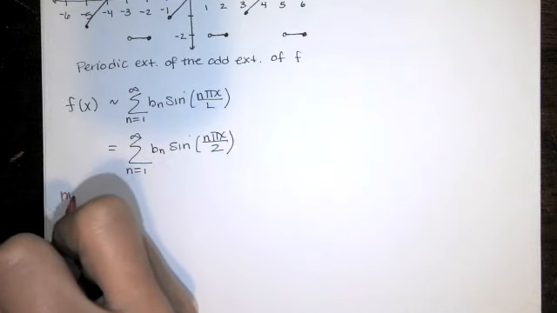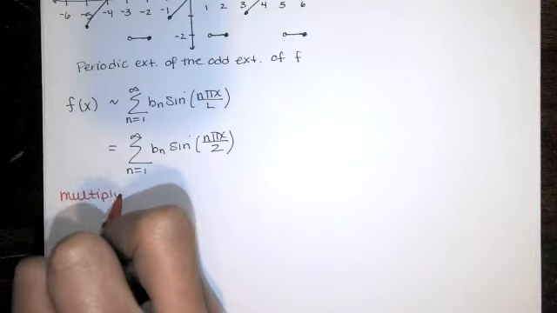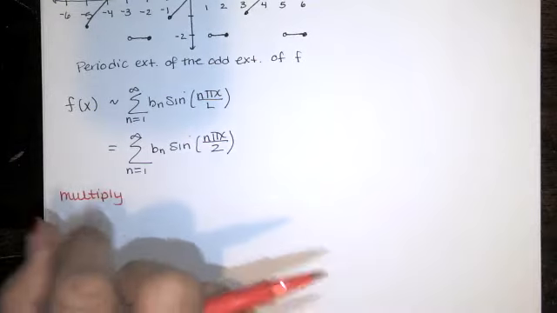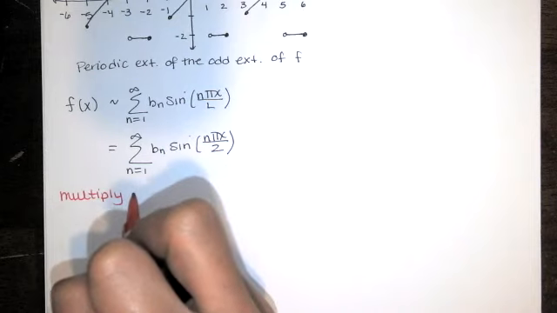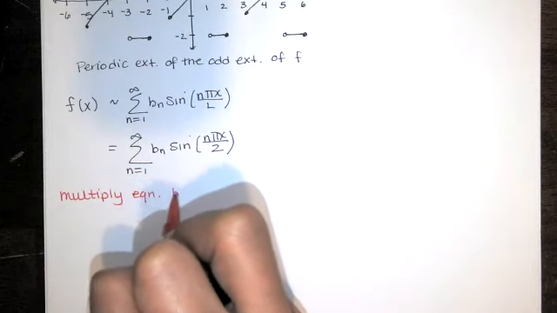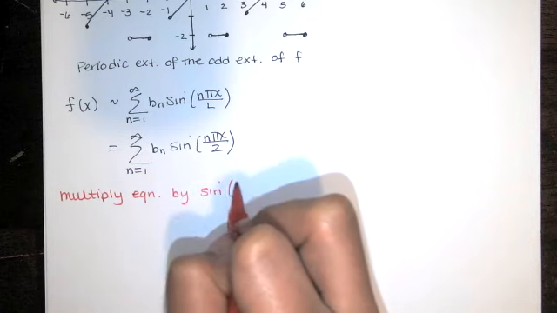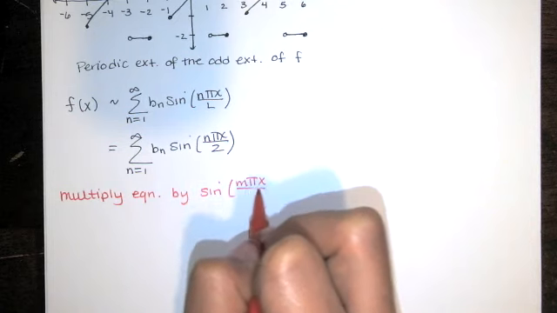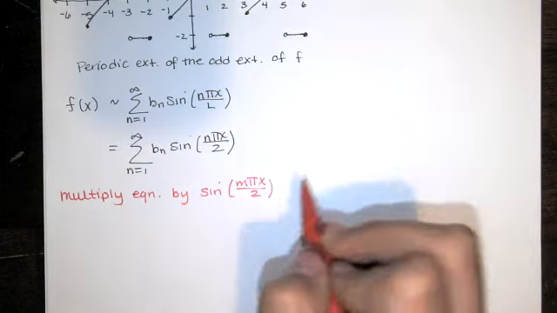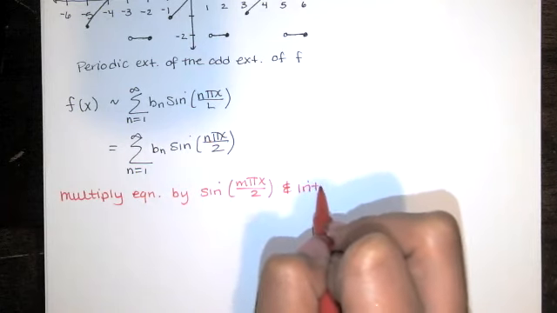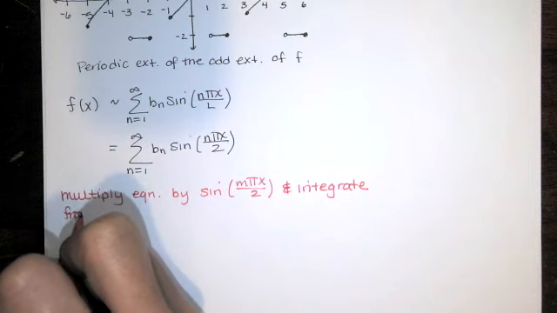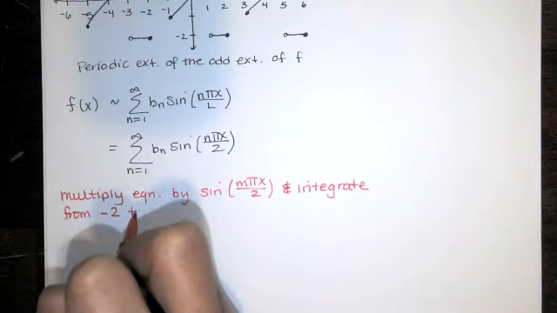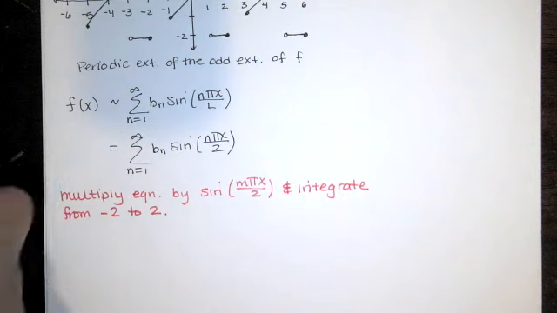We will multiply this equation, and we're thinking of it as an equation, by sine of m pi x over L, or m pi x over 2. And then we'll integrate from negative L to L. Or in our case, we're integrating from negative 2 to 2.